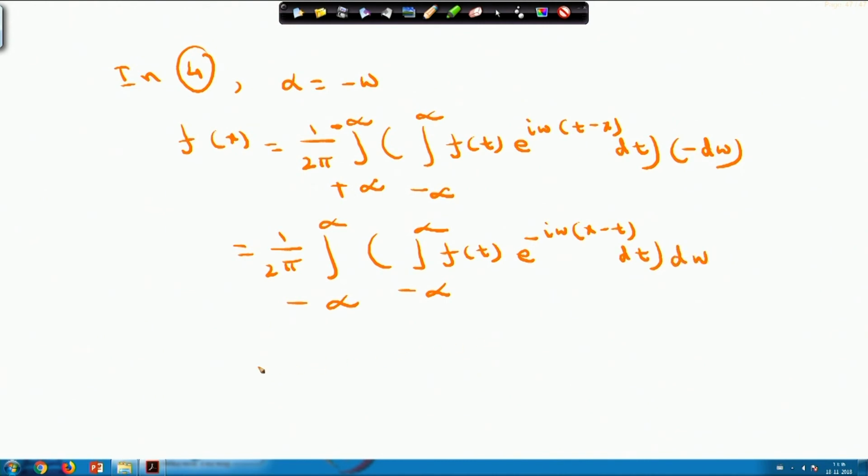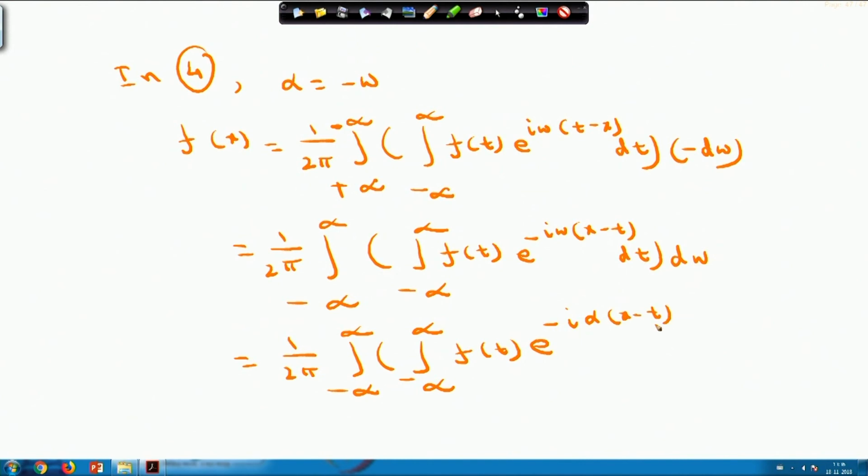And this you can write as 1 by 2 pi, integral from minus infinity to infinity, integral from minus infinity to infinity of f(t) e to the power minus i alpha (x minus t) dt d alpha. Simply I am replacing omega by alpha, nothing else. So this equation is 4a.